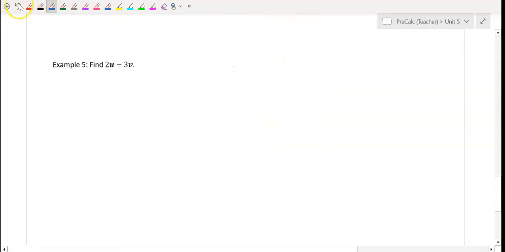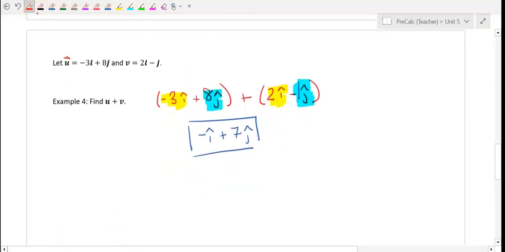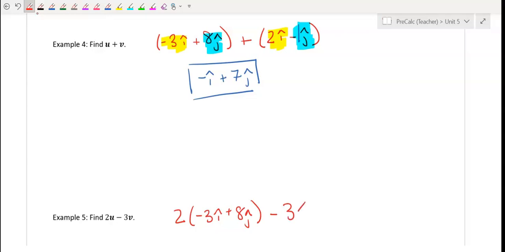Let's try this. Should be nice and easy. So let's go. 2u minus 3v. So u is negative 3i plus 8j. So I've got 2 times negative 3i plus 8j, and then I'm going to subtract 3 times 2i minus j.